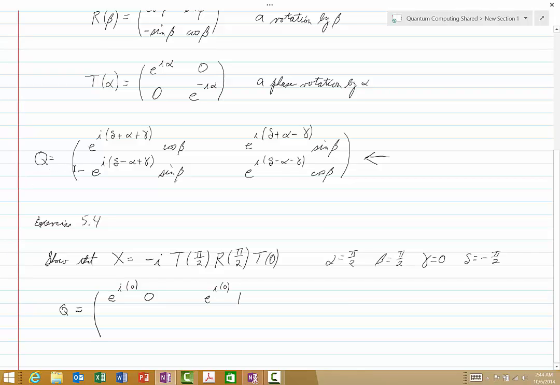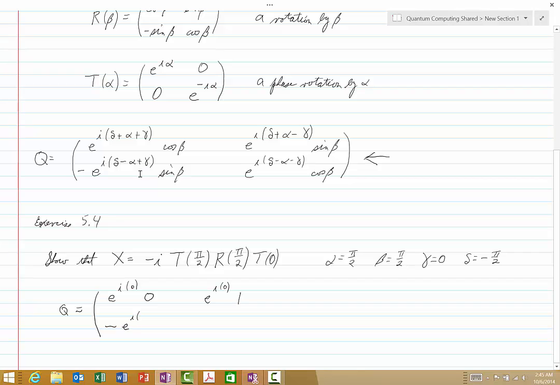Down here for this term, we will have minus e to the i, delta minus alpha. Delta is minus pi over 2, minus alpha. Alpha is pi over 2, so we have minus pi over 2, and minus pi over 2 is minus pi, plus gamma, which is 0.